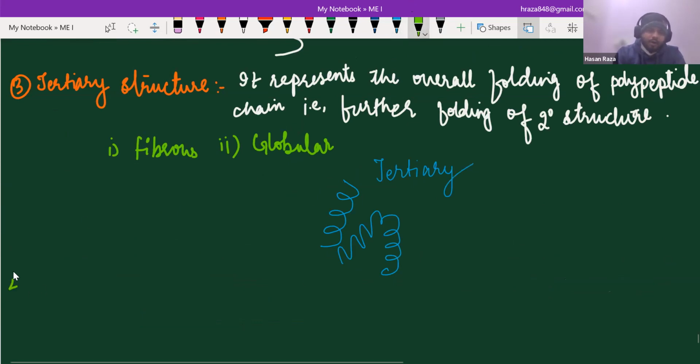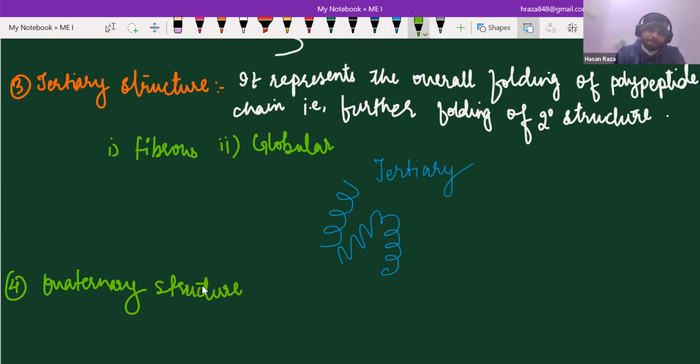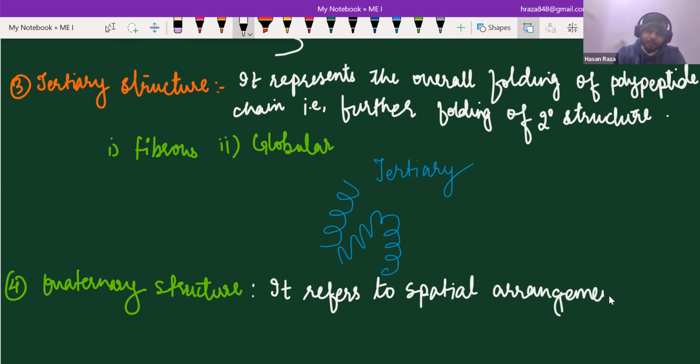Then comes your quaternary structure, which is quite complex. You can write it refers to a spatial arrangement of subunits with respect to each other.